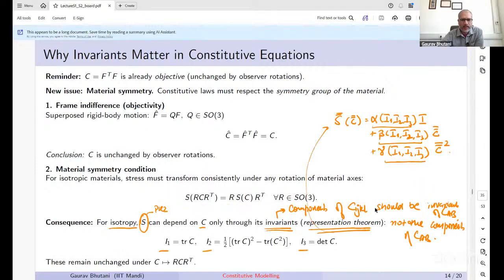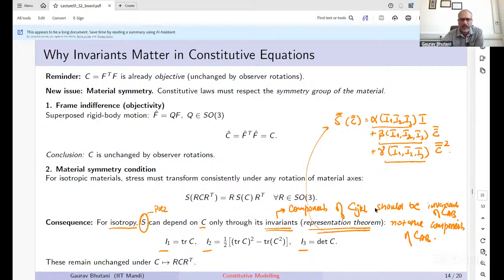And this is basically where we talked about the representation theorem about the existence of the three invariants, which typically you'll see in the coefficients of the tensor in the expression for the constitutive model.